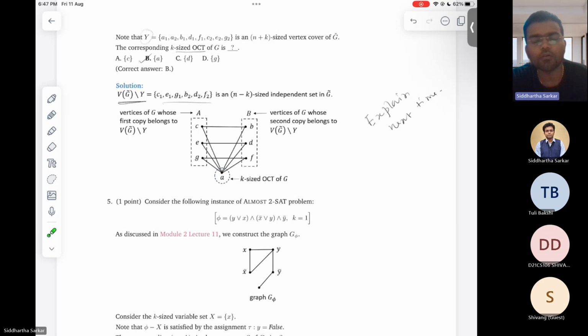So how many of you got 50% or more in assignment 1 and 2? So Shivang has got full marks in assignment 1, it seems. That's good. Congratulations, Shivang.